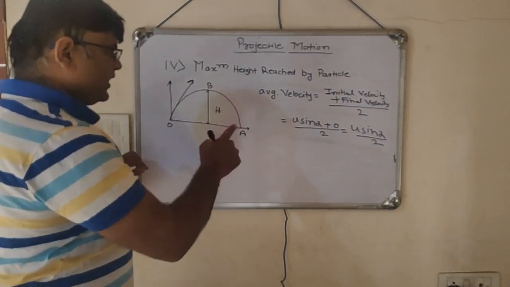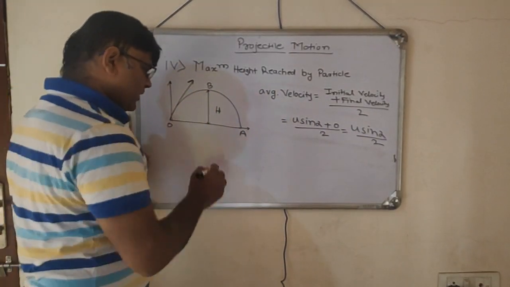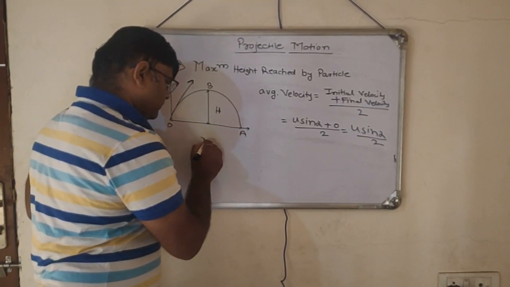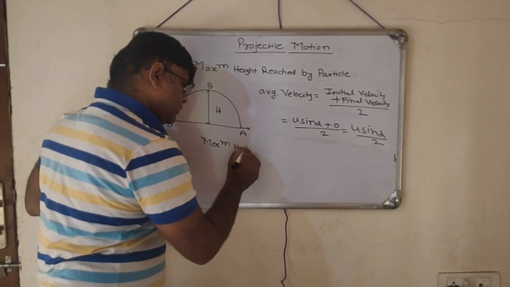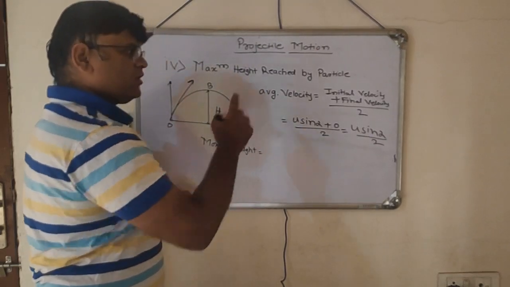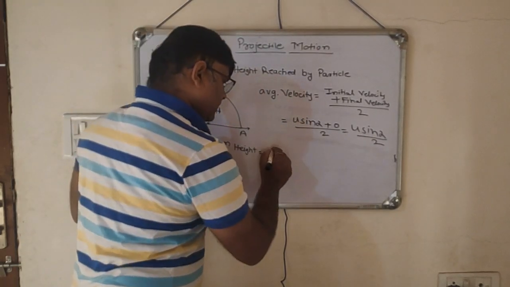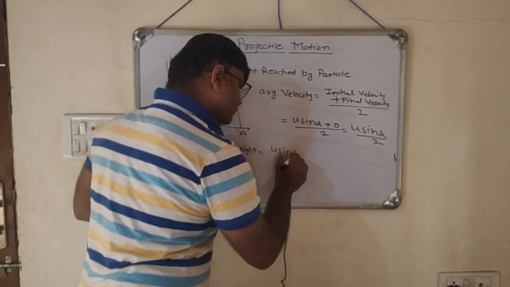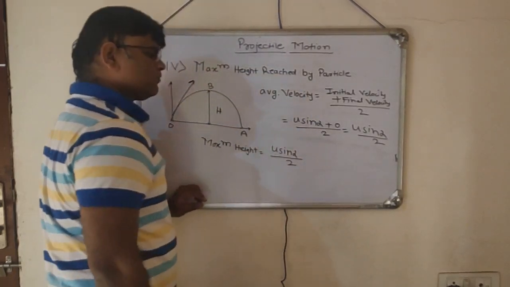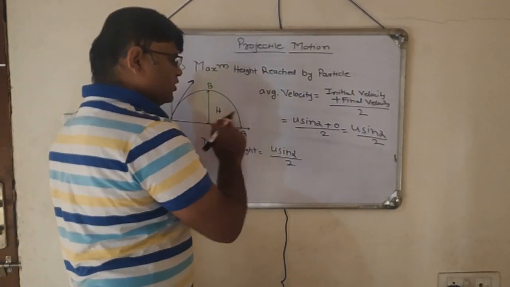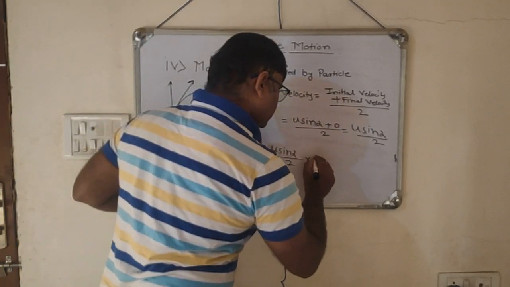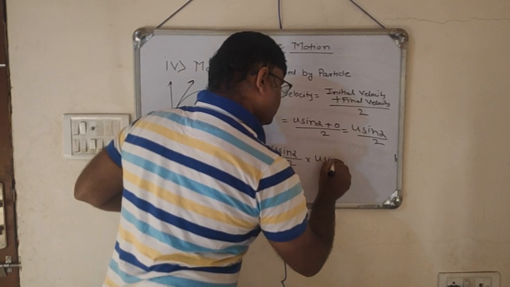So the vertical distance or the maximum height reached by the particle will be average velocity into time t. Average velocity is u sin alpha divided by 2. Time taken by the projectile to reach point B is half of the total time of the flight, which is equal to u sin alpha by g.